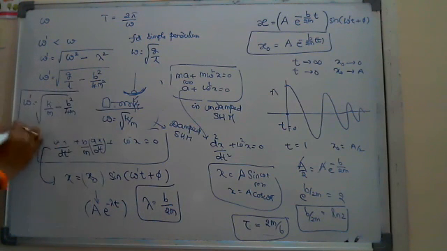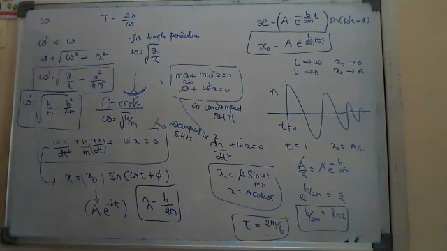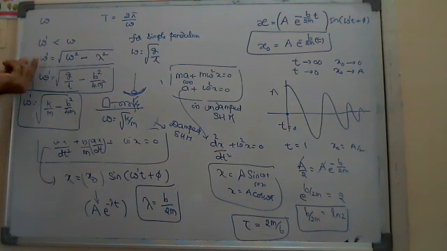This is omega dash of a spring and this is omega dash of a simple pendulum. If they ask about something like rigid body oscillations, then calculate the omega for undamped oscillations, substitute that omega in this equation, and calculate it for when it is damped. Okay, understood? Or any confusion here?